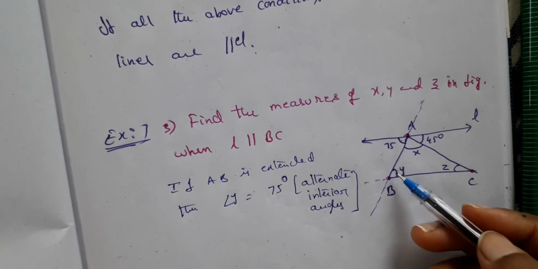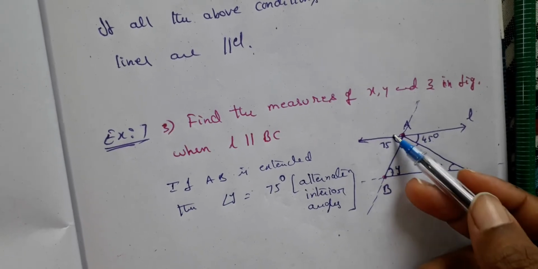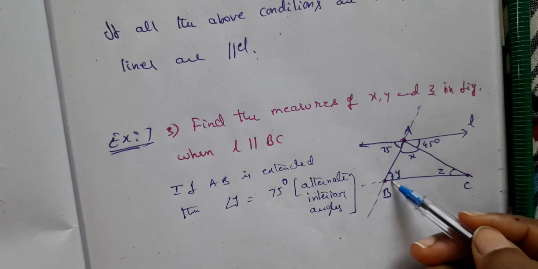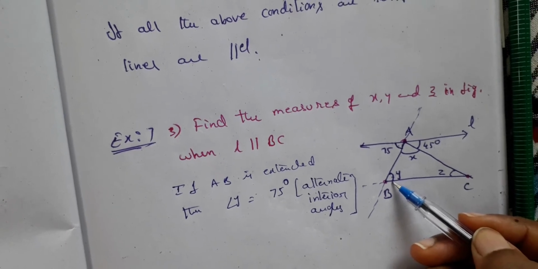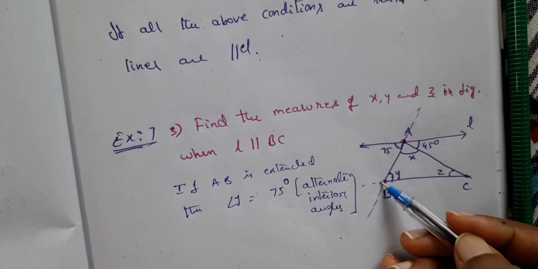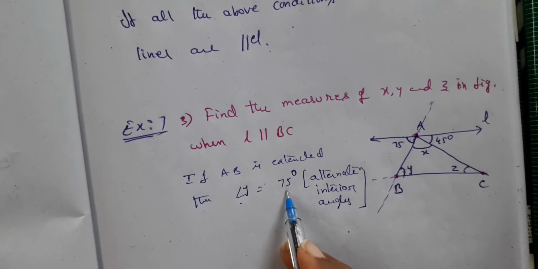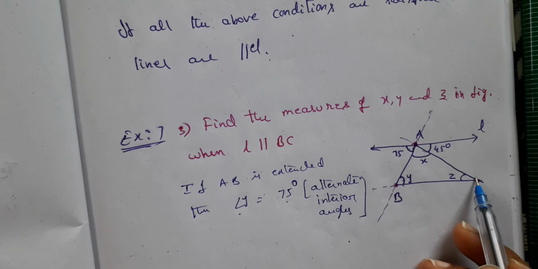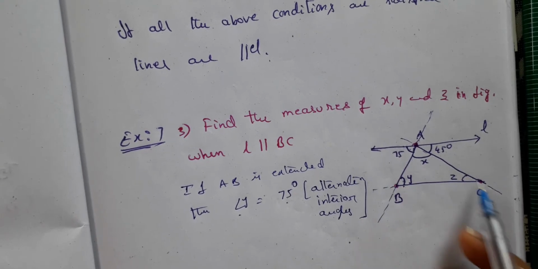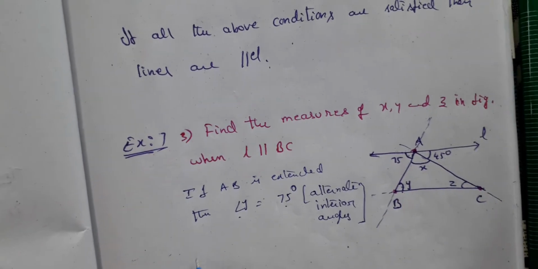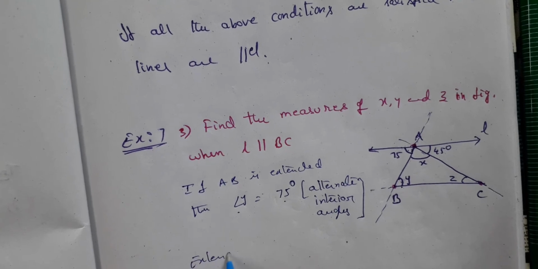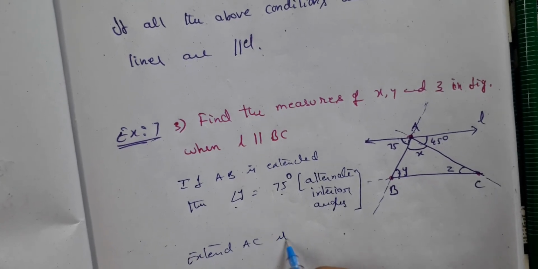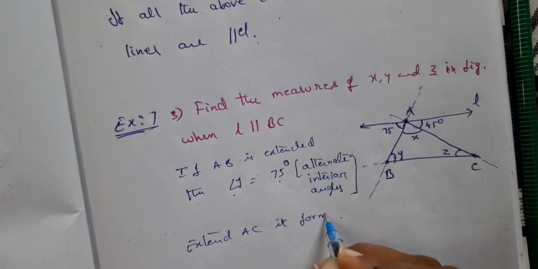On either side of the transversal, inside, that is between the two parallel lines, is it not? At two different vertices. Yes. So we got Y. Right. Similarly, extend AC. It forms a transversal.